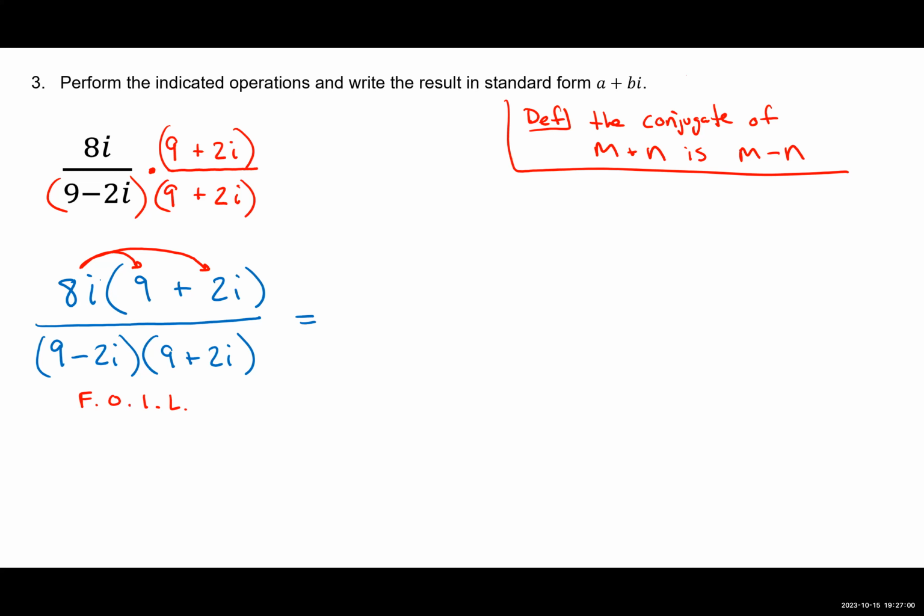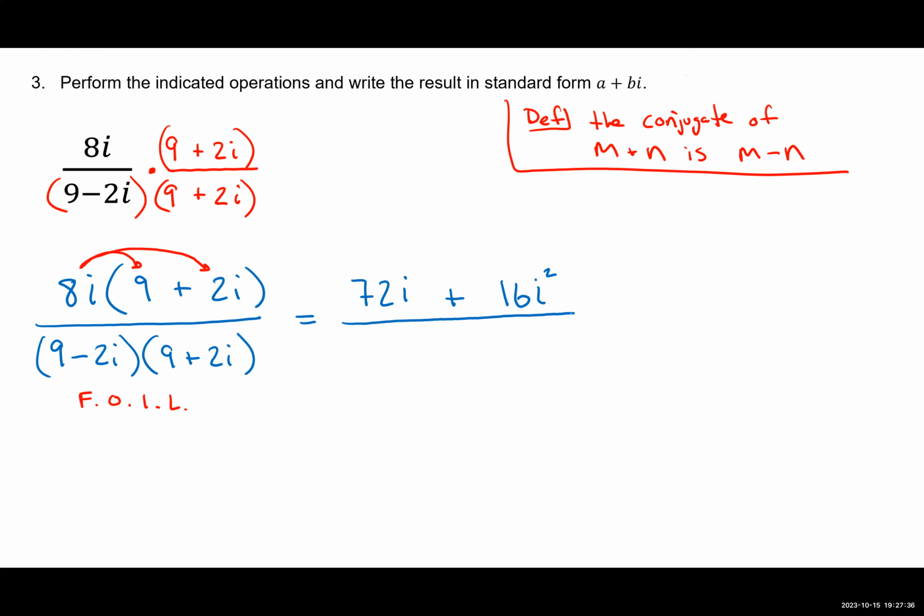So on the top, if we multiply through, 8i times 9, 9 times 8 is 72, and there's an i, so that's 72i. And then 8i times 2i would be 16, that's the 8 times 2, and then i times i is i squared.